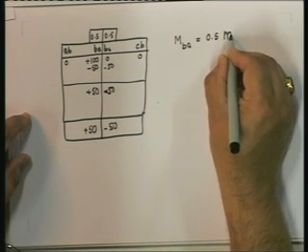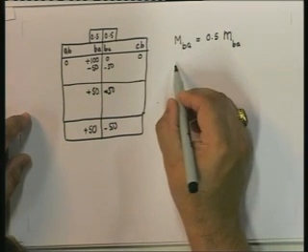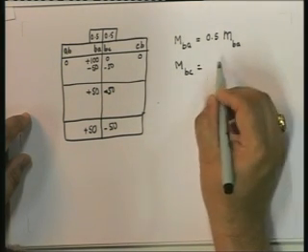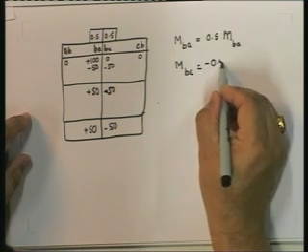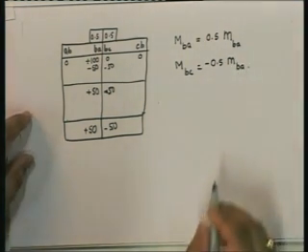Instead of writing that down, I'm going to write it in this fashion. MBA and MBC is equal to 0.5 fixed end moment at BA.